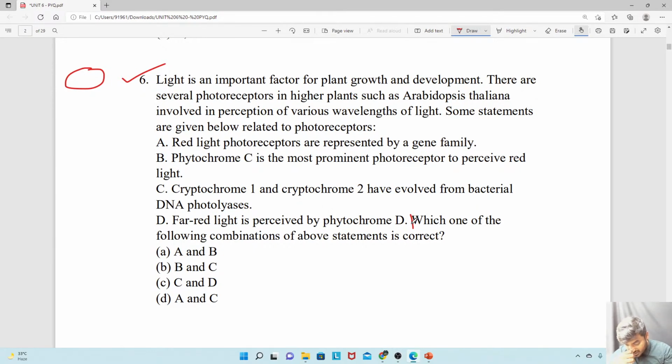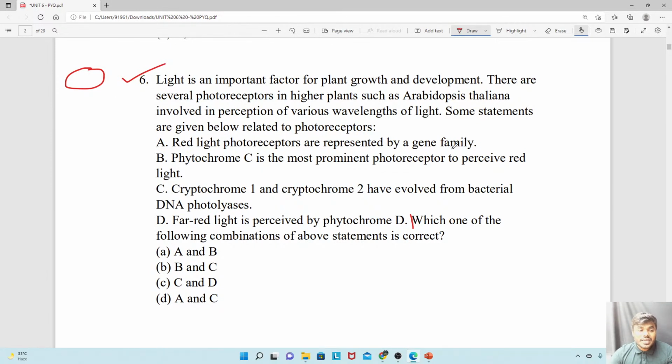Saima Sunita has given D. What about others? Savita D. Anyone else?